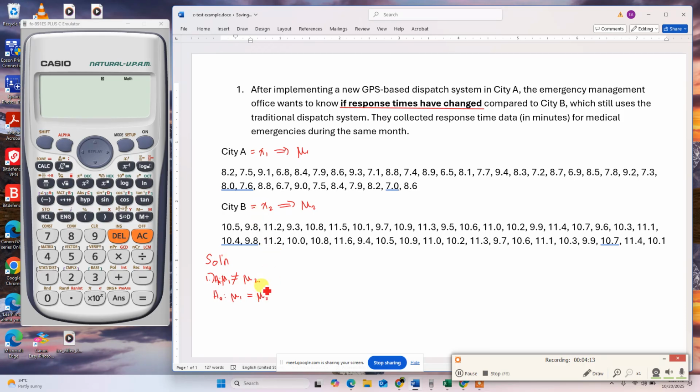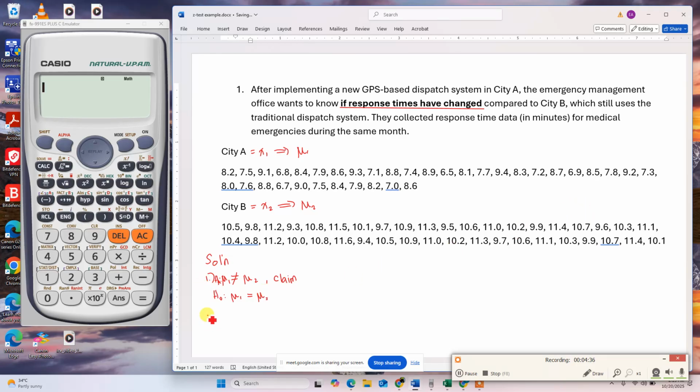As we can see here, our alternative hypothesis would be the claim of the researcher. So take note, our alternative hypothesis is the claim of the researcher. We have already identified step 1.